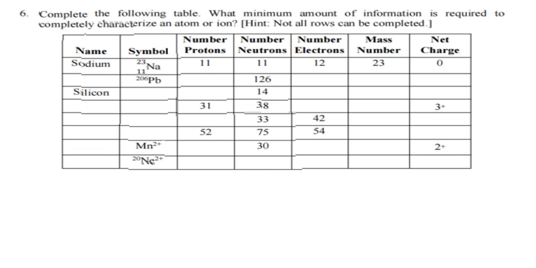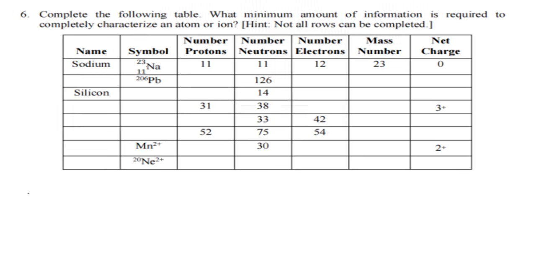The minimum information that you need to characterize an atom or ion: number 1, you have to know the element name or the symbol of that element. Mostly, the proton number is going to help you, which we usually call the atomic number.